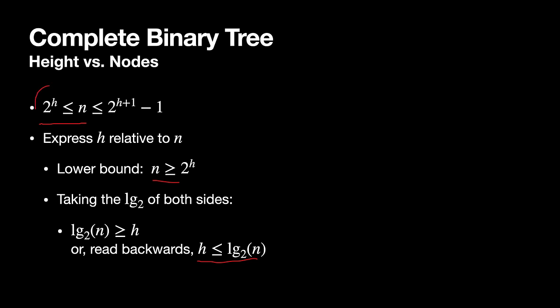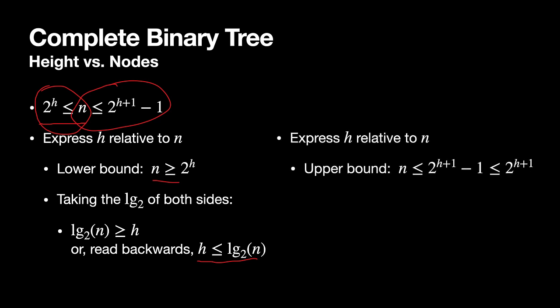So I've taken a look at the left side of this equation. Next, I'm going to take a look at the right side of it. Again, we're trying to express h relative to n, so we can come up with an upper bound here. n is less than or equal to 2 to the h plus 1 minus 1. That's my equation, but it's got this minus 1 that's kind of hard to deal with.